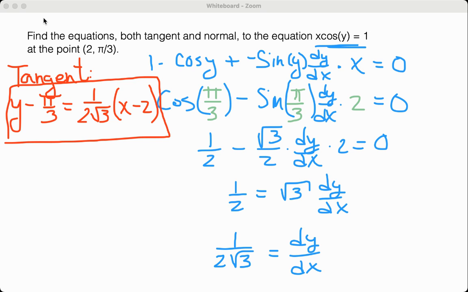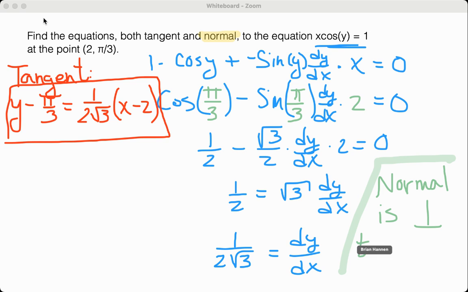But now comes this other word, this word that maybe you haven't heard, the word that is normal. So what we got here is a special kind of definition. A normal line is one in which you are perpendicular to the tangent line.